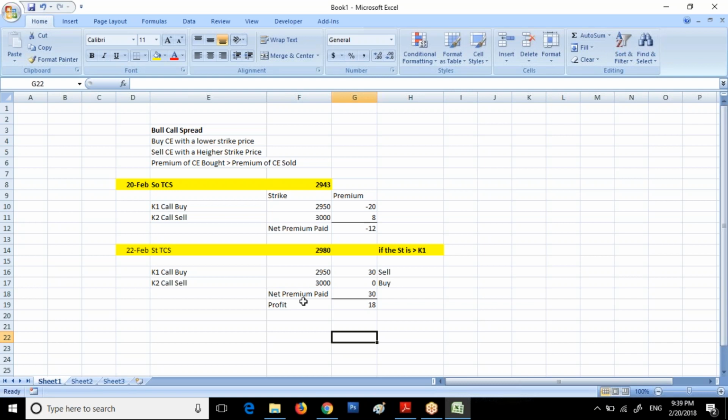What should the payoff be here? You remember, it was the max of spot minus the strike, or 0. That is the payoff.